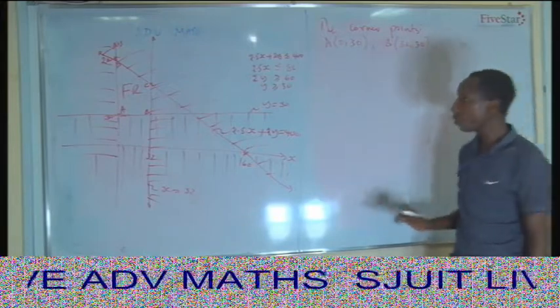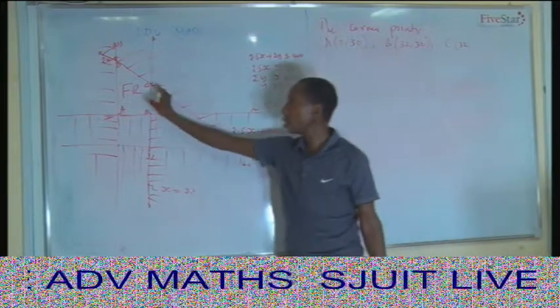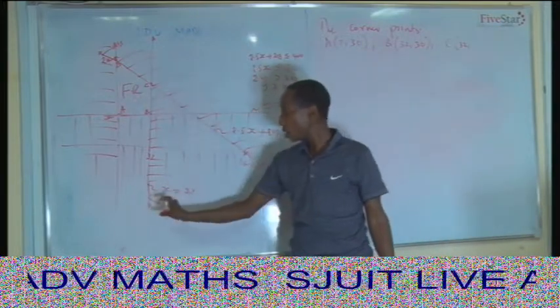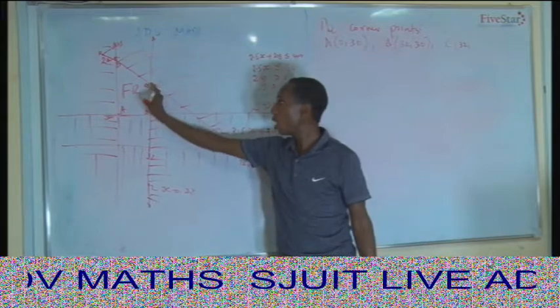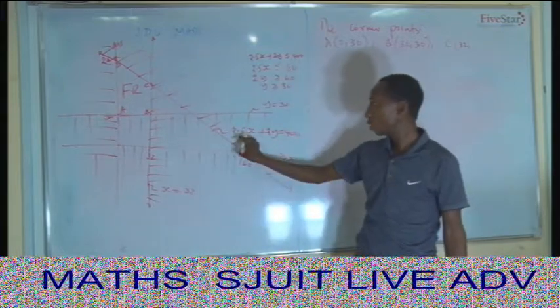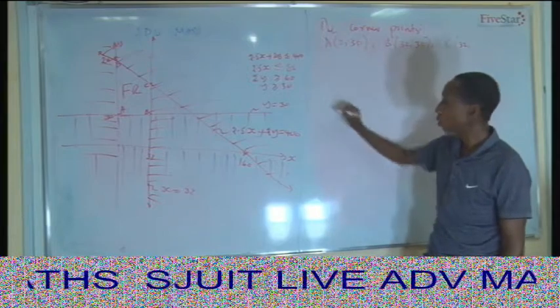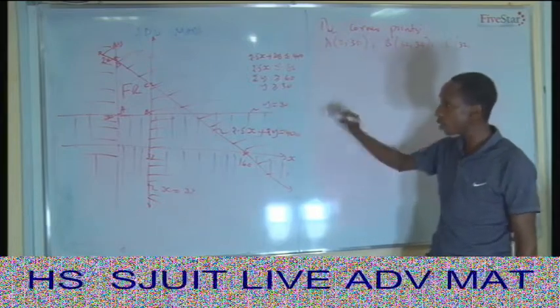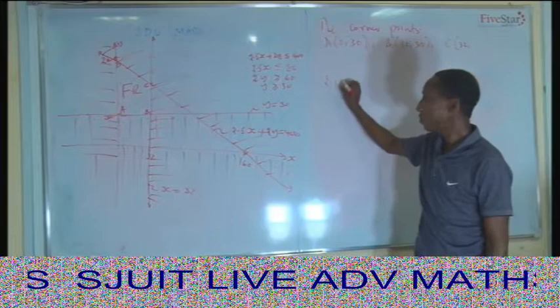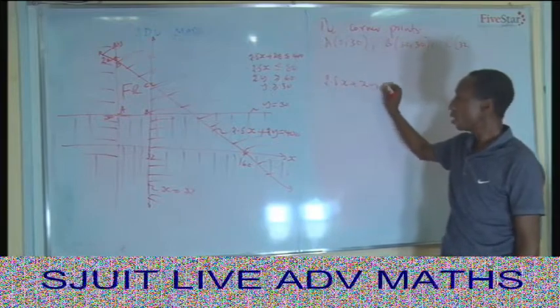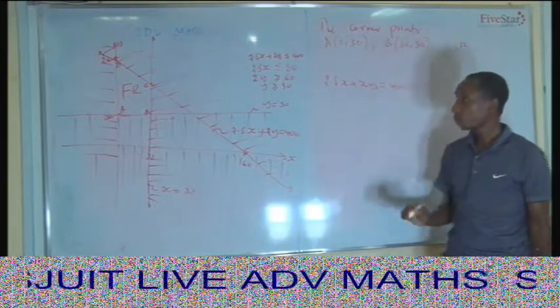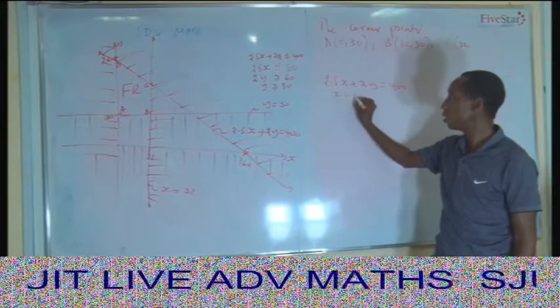Now to get the value of y, because corner point C is the intersection between the line x equals 32 and this line, which is 2.5x plus 2y equals 400, you can solve the two equations simultaneously. That is 2.5x plus 2y equals 400, and x is 32.